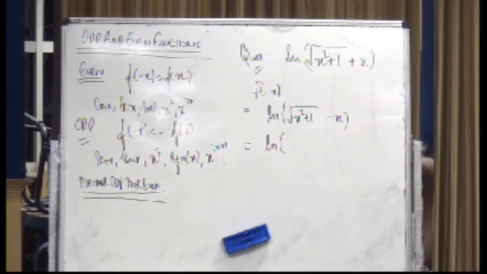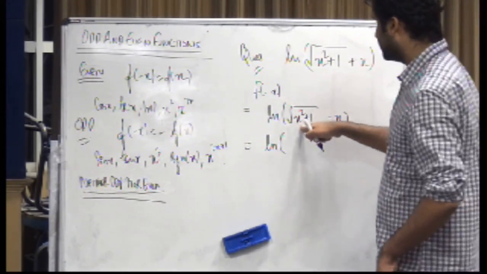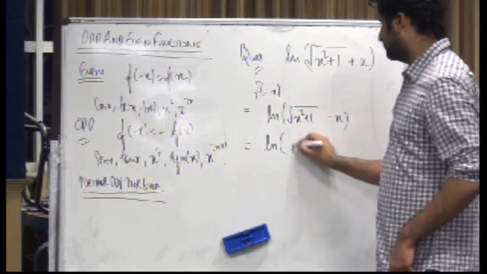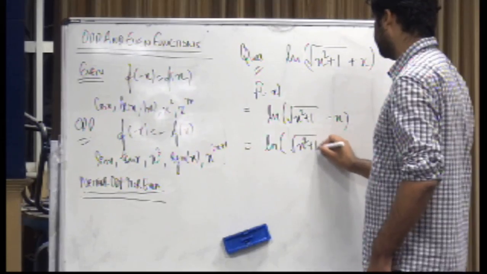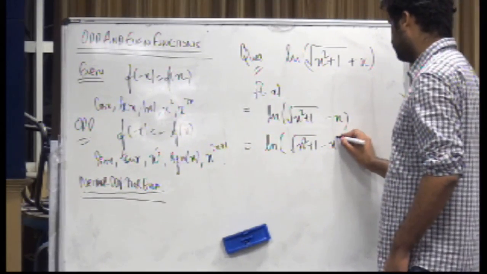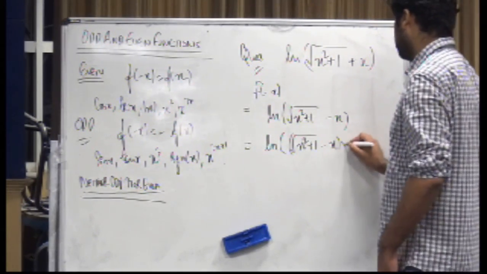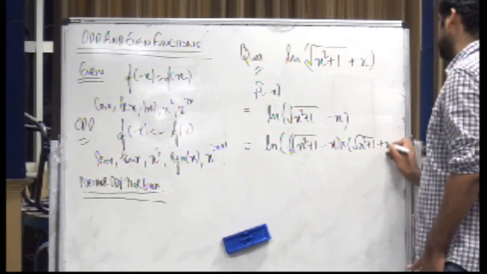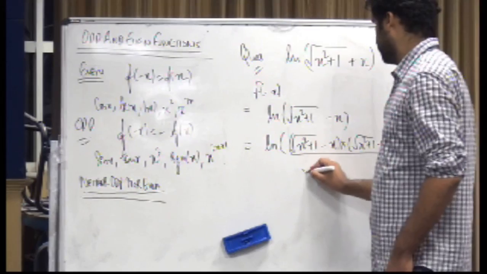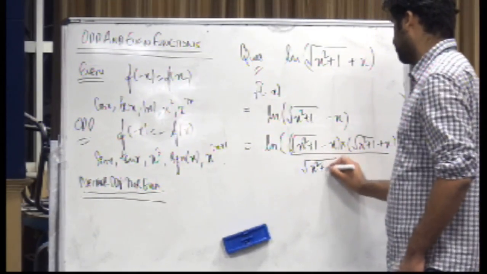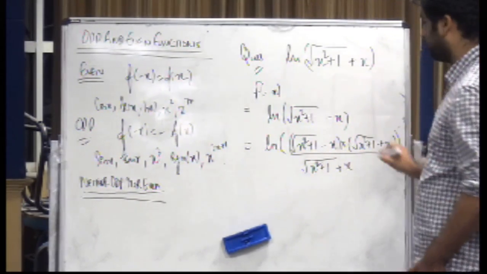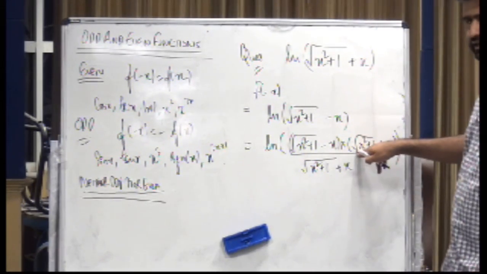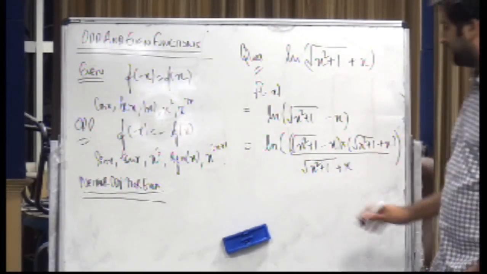I can multiply this by root x square plus 1 plus x upon root x square plus 1 plus x. Understood what we did? Okay, so we rationalize the numerator, and then what do we get in the numerator?